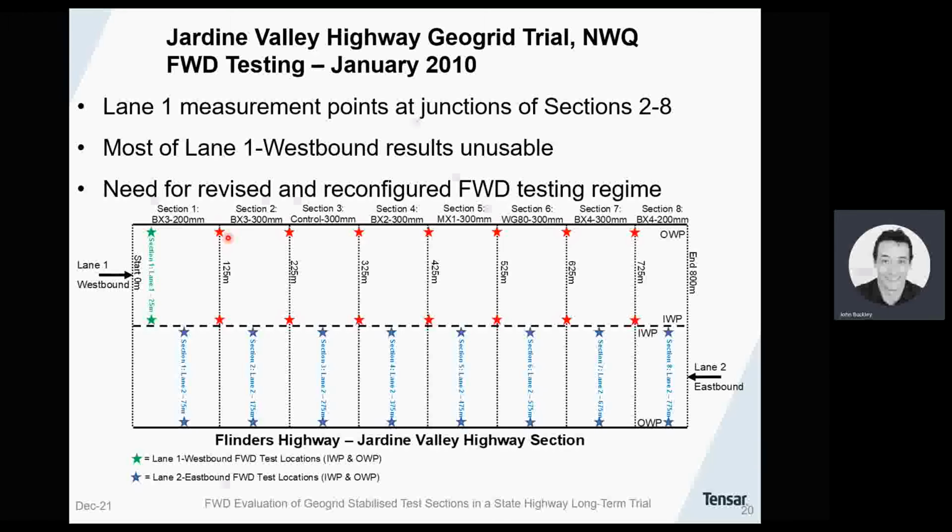So in lane 1, there are only 2 points in section 1, here that are green, that could potentially be used. And realistically, the data pool was restricted to lane 2 results only, the blue stars. Because of this, there was definitely a need for a revised and reconfigured FWD testing regime.